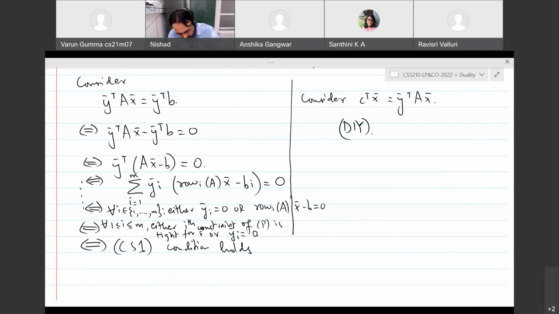And this is exactly what we are saying. So either the ith constraint holds tightly for x bar in the primal, or the corresponding dual variable is 0.